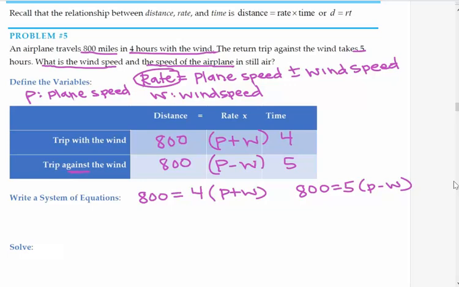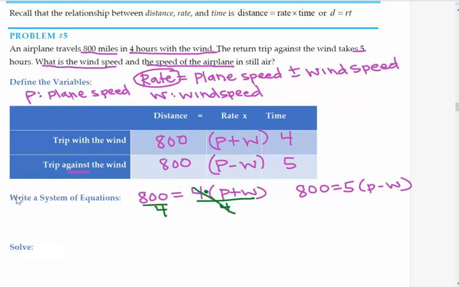Okay, at this point you could distribute the 4 through and distribute the 5 through and then try and solve it from there. But let me show you another way that you could do this that would be even faster. So we see that 4 is connected to all of that by multiplication, so I can undo multiplying by 4 if I divide both sides by 4.